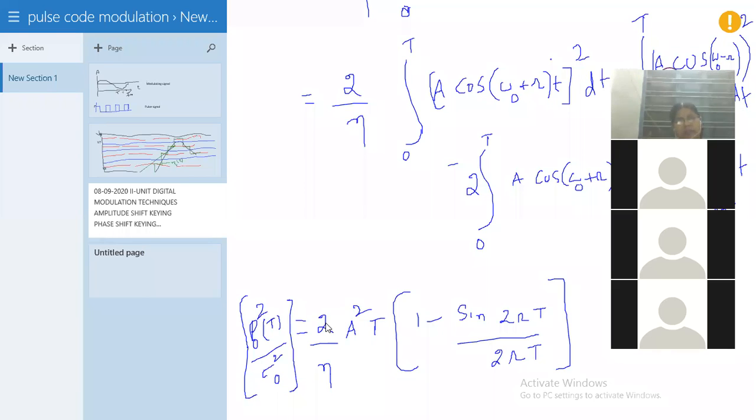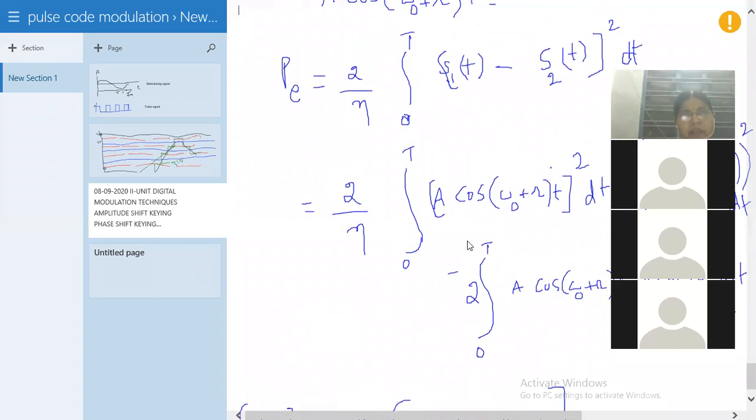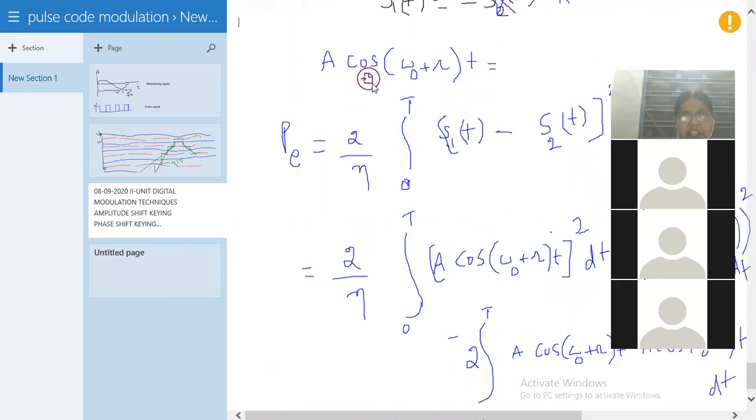Similar way here also. PE, and this is P naught square of t by sigma naught square. Already yesterday class here derived this one. Okay. So here we can change this.